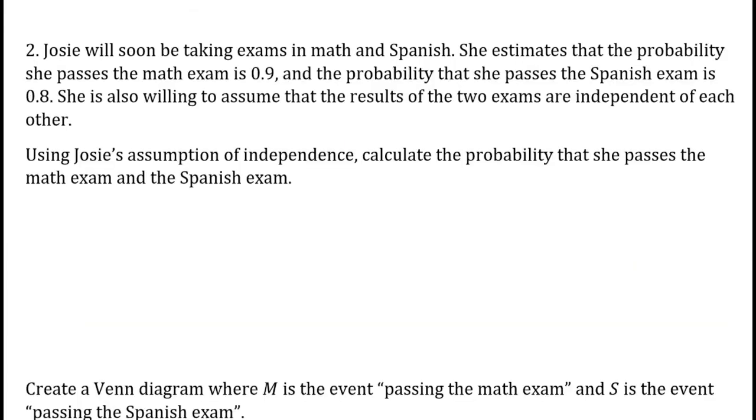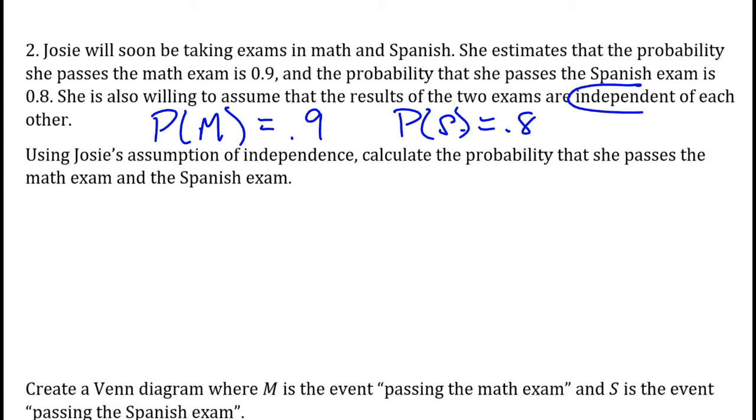Josie will soon be taking exams in math and Spanish. She estimates that the probability she passes math is 0.9, so the probability of M is 0.9. The probability that she passes Spanish is 0.8, so the probability of S equals 0.8. She's also willing to assume that the results of the two exams are independent.